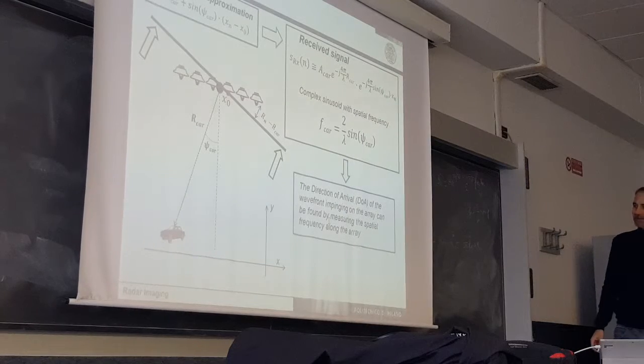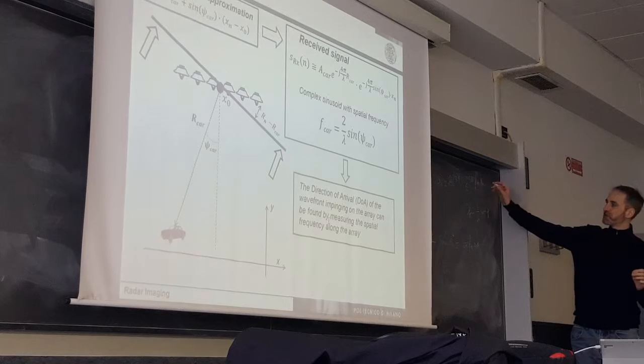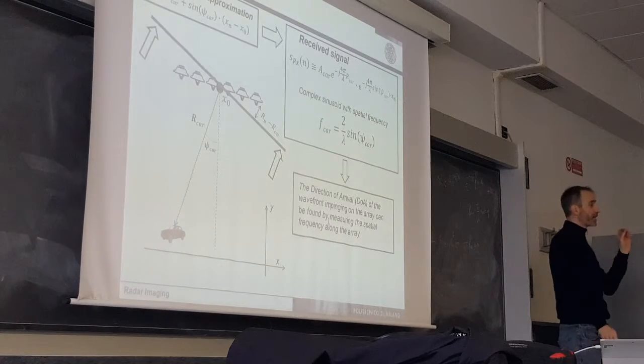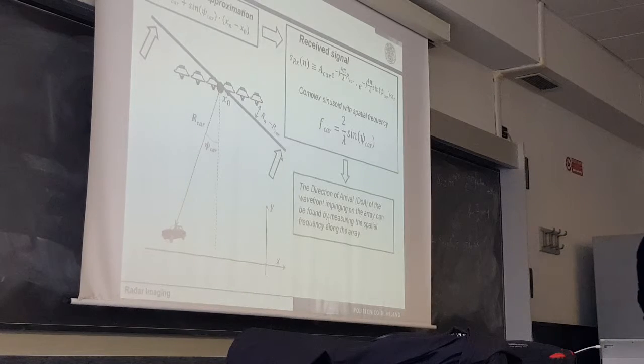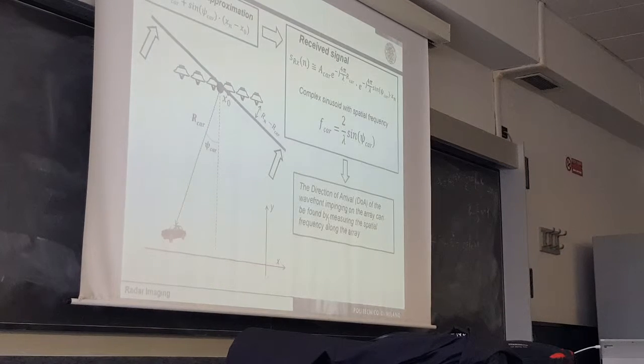It can be shown that if you assume that this is contaminated by white noise, then the best estimator of the frequency of a plane wave is to take the peak of the Fourier transform.